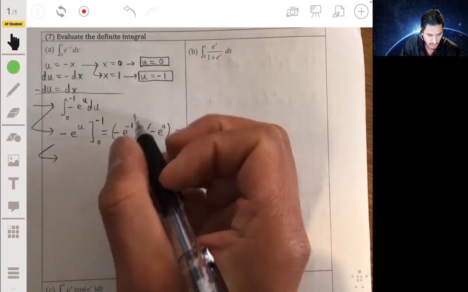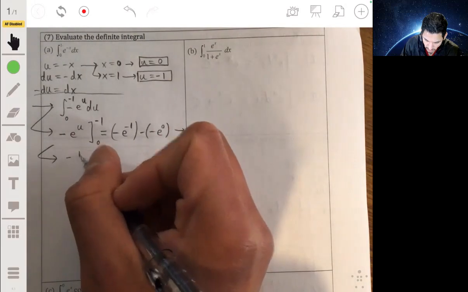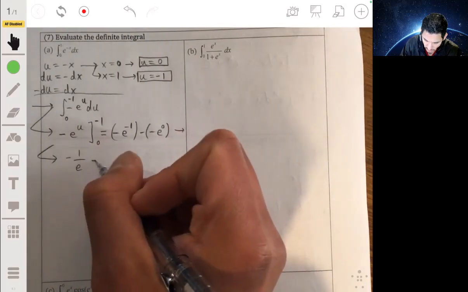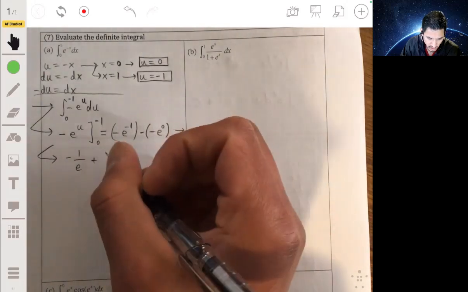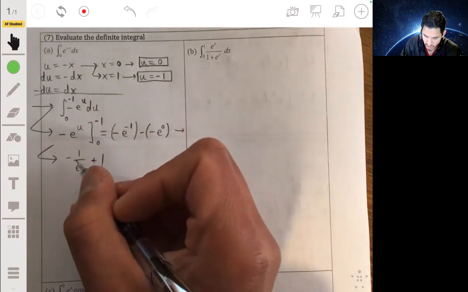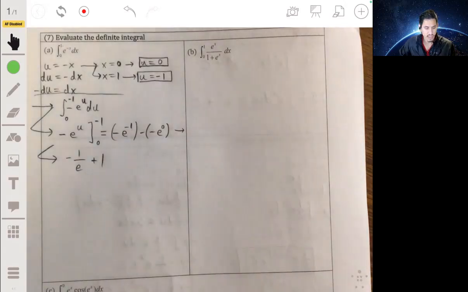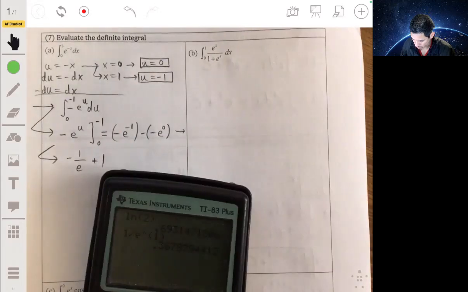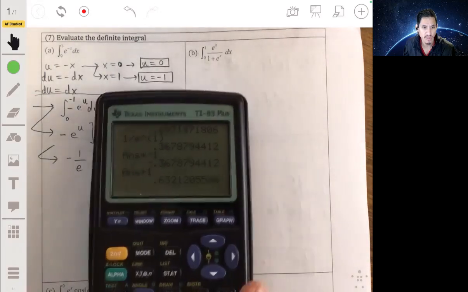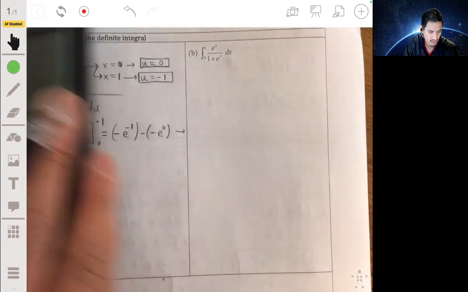Negative e to the negative 1, we can rewrite as negative 1 over e, minus a minus, so plus e to the 0, which is just 1, so plus 1. So it'll just be negative 1 over e plus 1. If we want to convert this to a decimal, our answer will be about 0.6321.